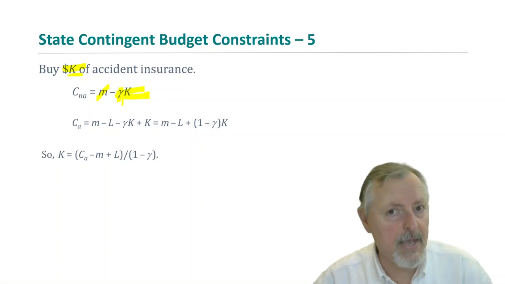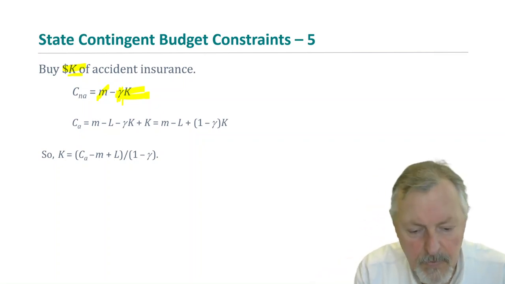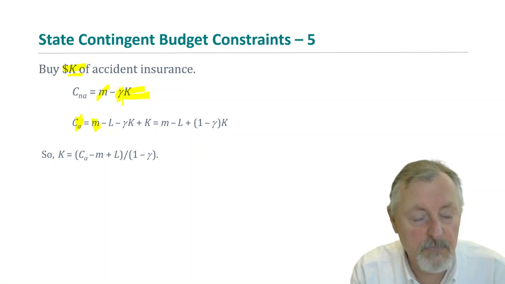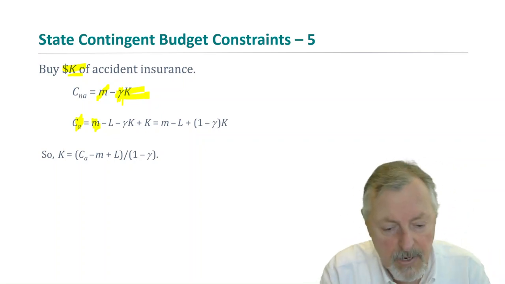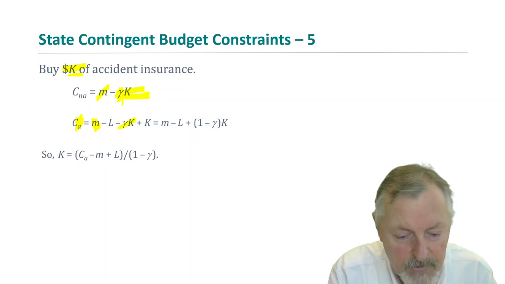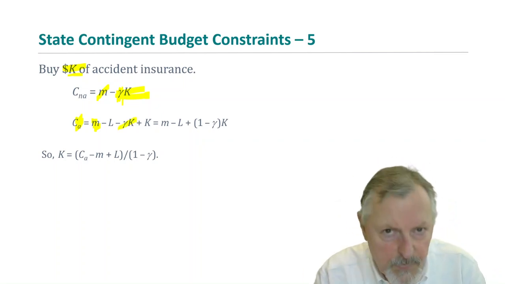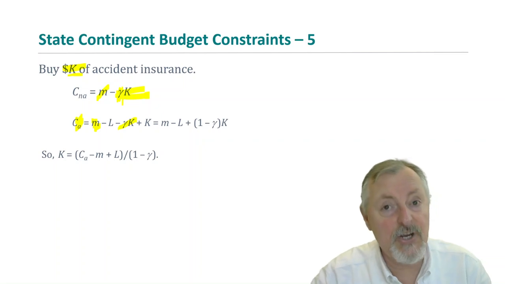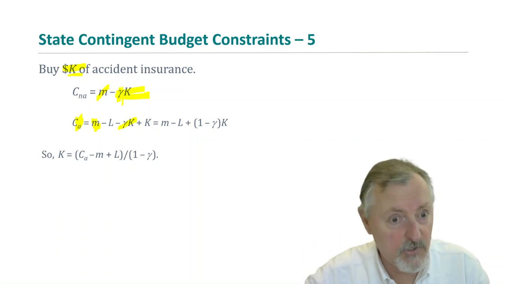But if there is an accident, then in this state of the world, some of these terms are the same. You start with the amount of money you had minus the premium rate, gamma, times the amount of insurance you bought. That's the amount of the check you sent the insurance company.